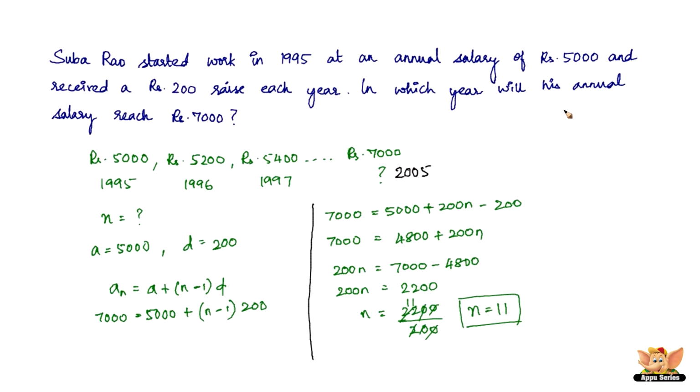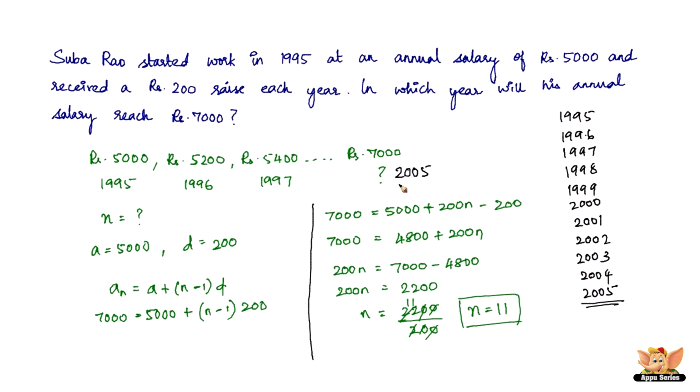We can quickly check that. Say 1995, 1996, 1997, 1998, 1999, 2000, 2001, 2002, 2003, 2004, 2005. So if this is the first, second, third, fourth, fifth, sixth, seventh, eighth, ninth, 10th, this is the 11th term. So the 11th is this 2005. The year is 2005.